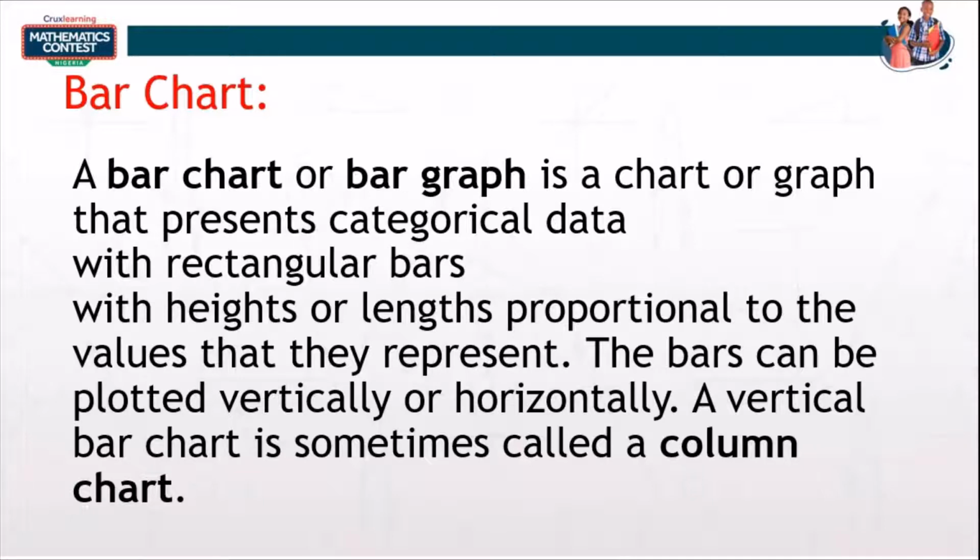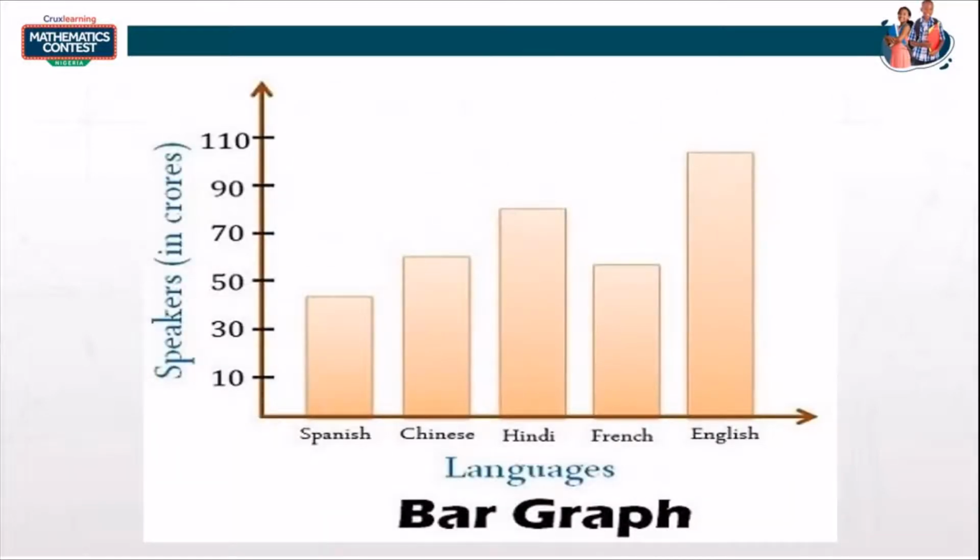Okay, so the bars can be vertical, they can be horizontal, but in this class I'll be focusing on the vertical bar chart, also known as column chart or column graph. So here is an instance.